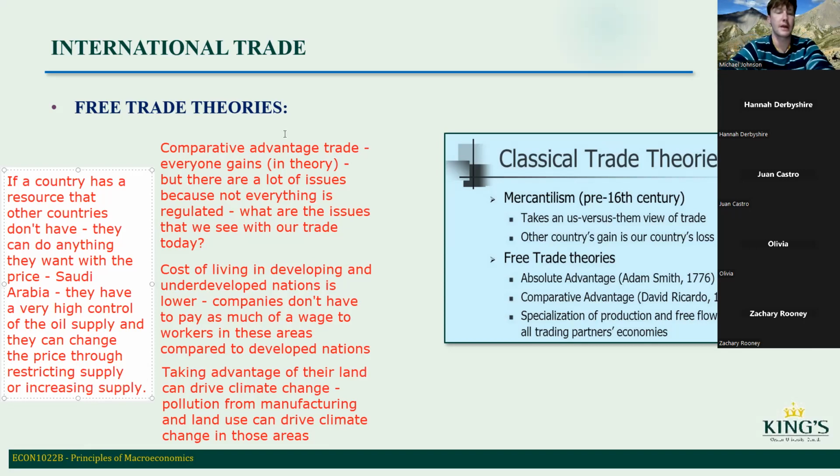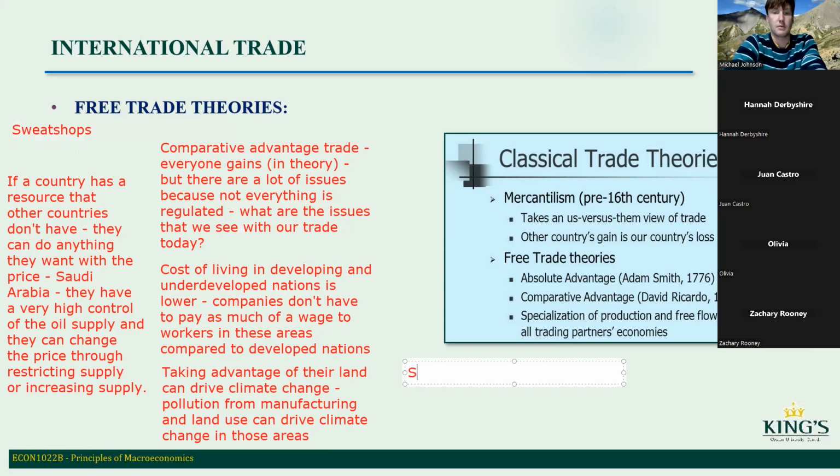They have so much oil that they can restrict the market: they reduce supply so the price goes up, or they increase supply and the price goes down. So that's a good point, Zachary. I'd also say sweatshops are a big problem.